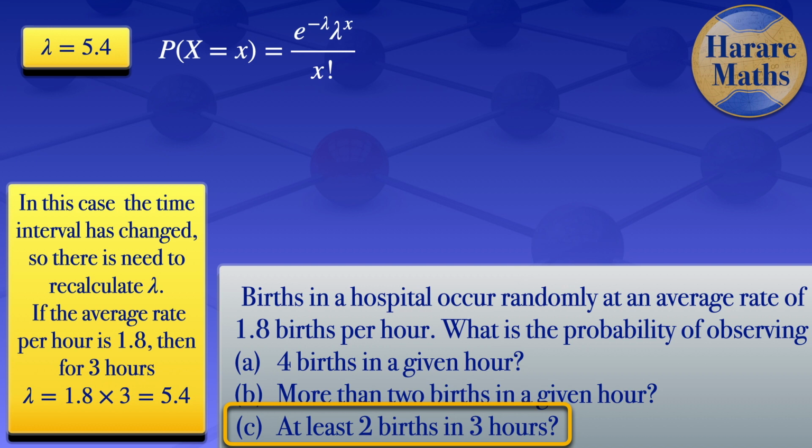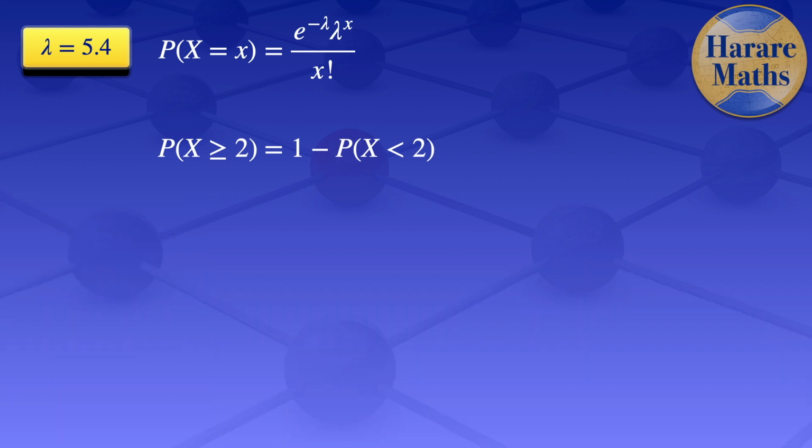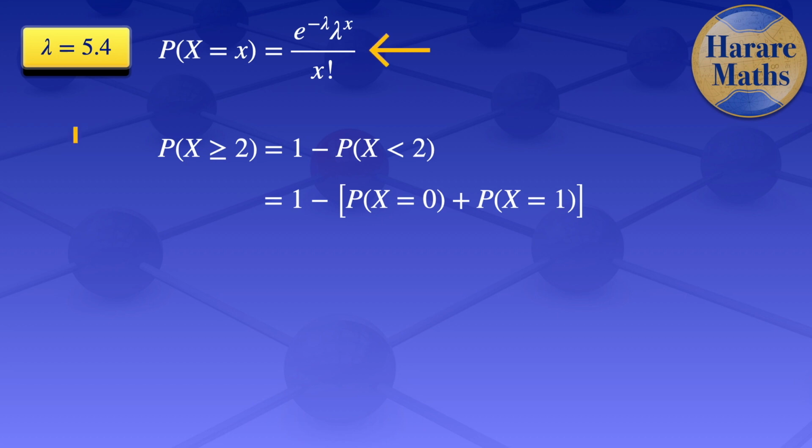What we want to calculate there is the probability of at least 2 beds. At least 2 beds means X is greater than or equal to 2. The probability that X is greater than or equal to 2 equals 1 minus the probability that X is less than 2. So we calculate those probabilities: 1 minus the probability that X equals 0 plus the probability that X equals 1. For X equals 0, we substitute x equals 0 using this lambda. For X equals 1, we substitute x equals 1 using this lambda.